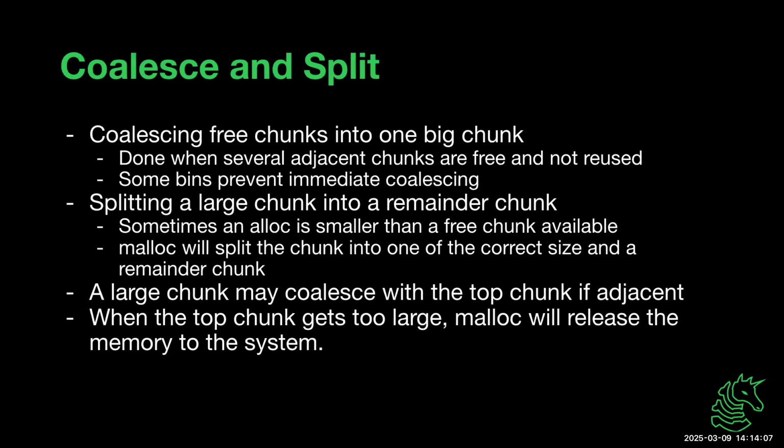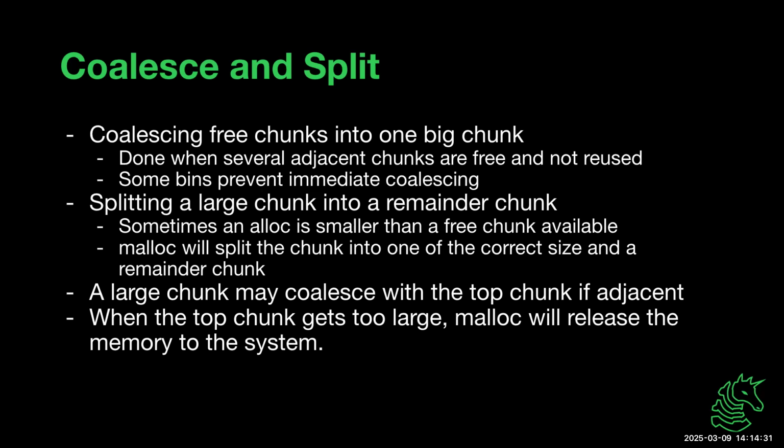Another thing that causes a lot of fancy exploits to happen, I mean, not on its own, but it allows some cool things to happen, is coalescing and splitting, mainly coalescing. Coalescing is when you have 2 free chunks that are adjacent in memory.